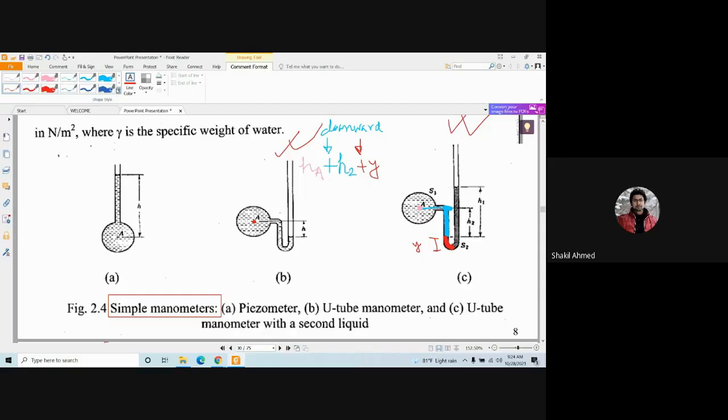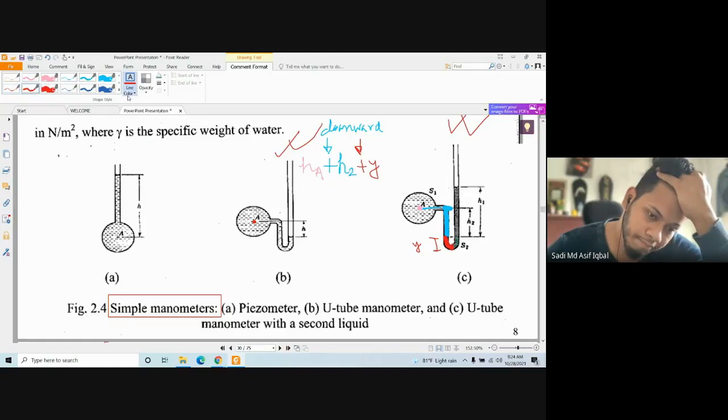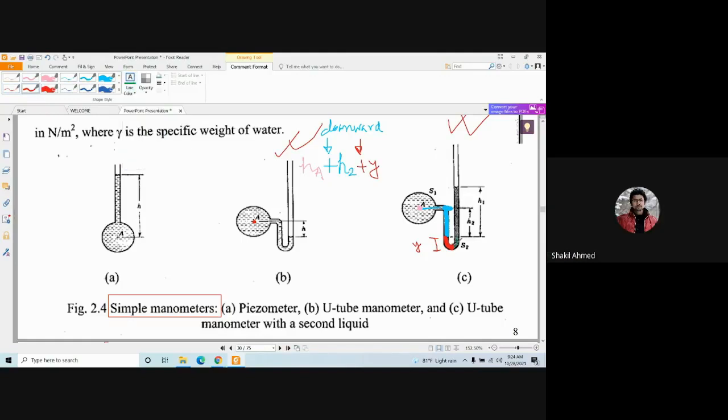Now you have to go upward, right? How much have you gone up? Minus Y, right? Because this is upward, this has to be negative. Clear?